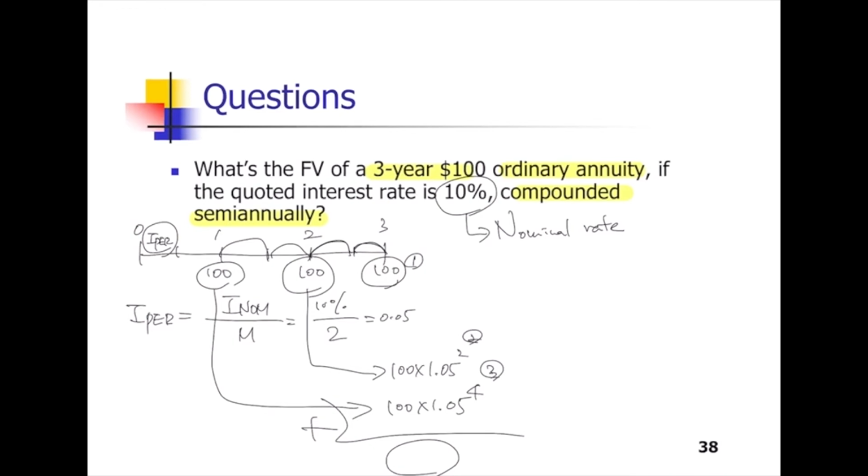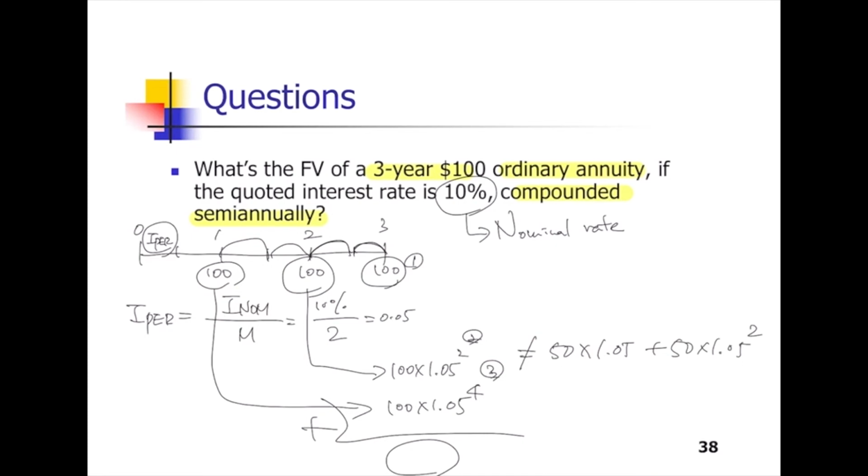How about this case? This cash flow divided by 2, the 50 and 50. So we can write it down like this. Is that right? No, because you cannot change the cash flow of the timeline.